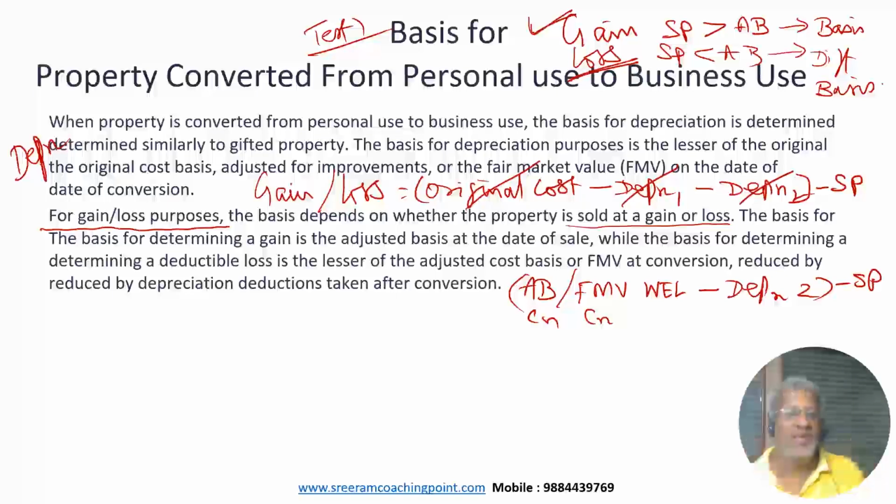If loss is identified in test number 1, then the basis for this asset will not be the adjusted basis, where we have to bring out a comparison. What is that? The adjusted basis on the date of conversion and the fair market value on the date of conversion, whichever is lower. From that, we are expected to deduct the post conversion depreciation, and that figure is going to be the adjusted basis. That has to be compared with the selling price, and that would result in loss.